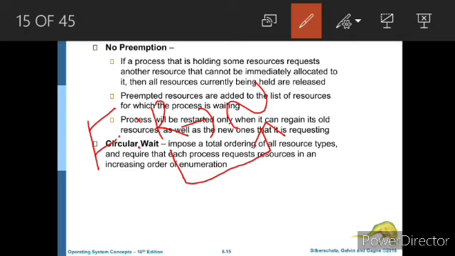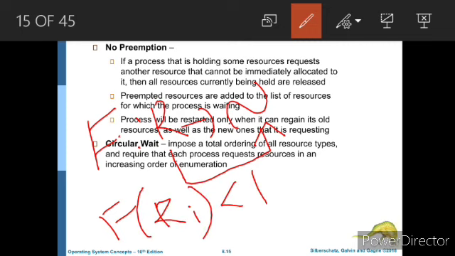So there is an ordering, since we have assigned the numbers, and we can compare the two resources. That is, f of Ri should be less than f of Ri plus 1. So in the increasing order of enumeration, each process can request the resources.